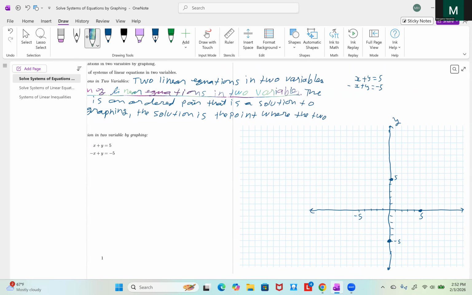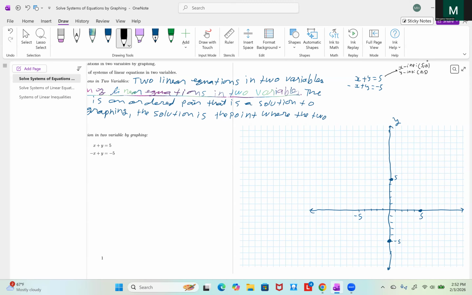So for the first equation, the x-intercept is when y is 0, x is 5. The y-intercept, when x is 0, y is 5.